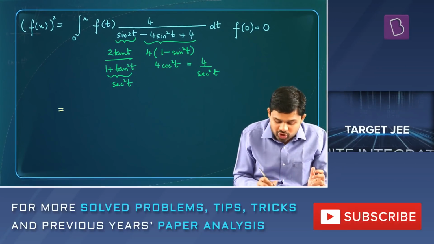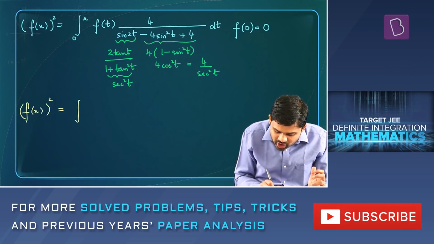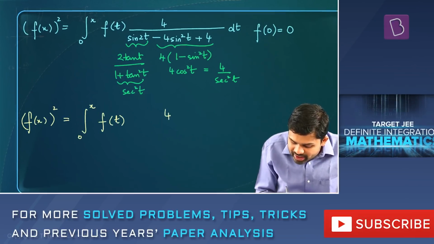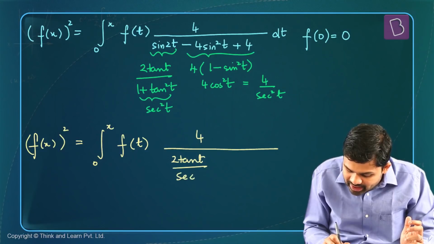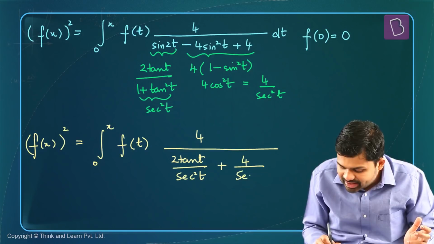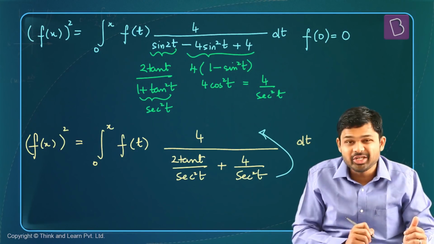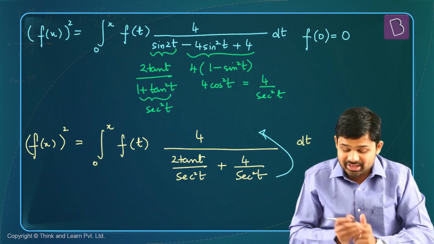So my f of x the whole square is going to be equal to the integral from 0 to x of f of t into 2 tan t by secant square t, then of course there's a plus 4 by secant square t. Now the common denominator of secant square t can come into the numerator, and what I will have in the denominator is 2 tan t plus 4.